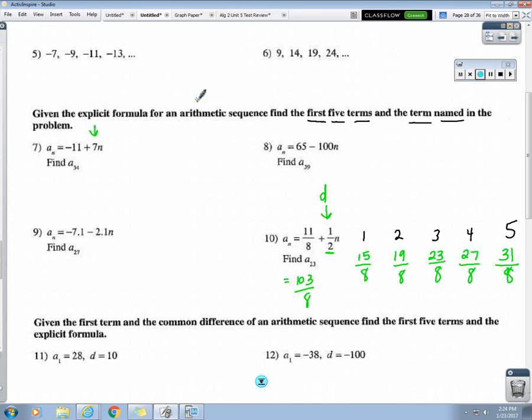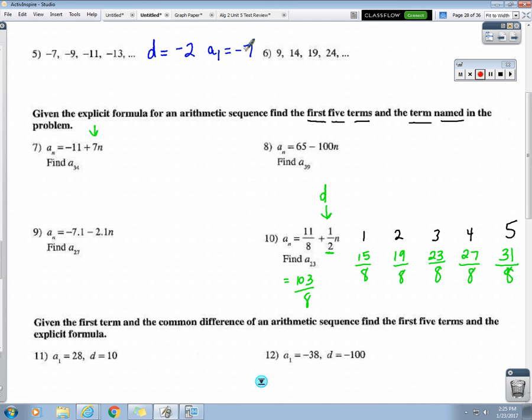Okay, number 5. What is the common difference? How are they getting from one term to the next? Subtracting 2. Because even though, yes, 9 is bigger than 7, negative 9 is really smaller than negative 7, right? They're going down 2. They're getting further into the negatives. What is your a sub 1?